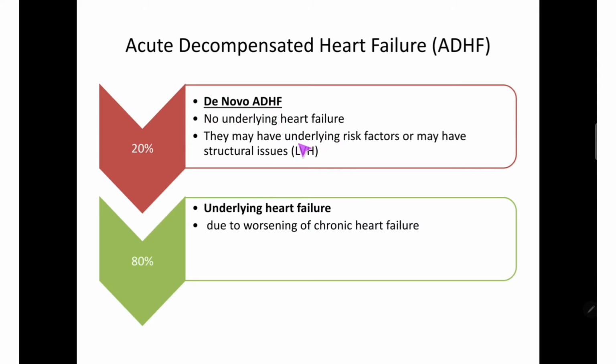Or maybe the patient has risk factors like hypertension, obesity, diabetes, and he comes under this group when he presents with ADHF. So the main point is that this patient does not have any underlying heart failure. Either he has some risk factors or some structural issues, or maybe he is completely normal and is presenting with a de novo type of heart failure.